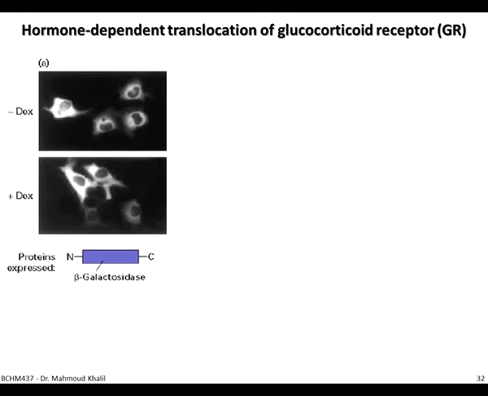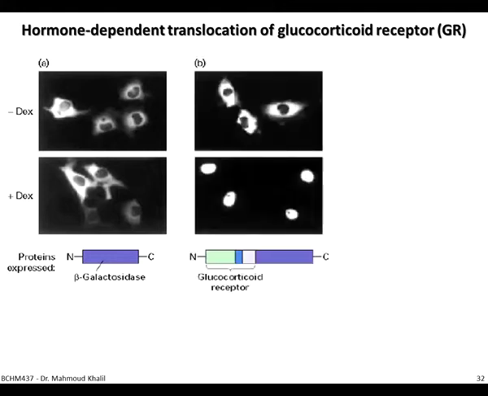Again, why do we use beta-galactosidase? Because we can see the localization of that protein through the fluorescence that it emits. So how can we use this protein to see the movement of the nuclear receptor from the cytoplasm to the nucleus? Here, we fuse or bind, by genetic engineering, this beta-galactosidase region with one of our nuclear receptors, the glucocorticoid receptor, which has the three regions we mentioned in the previous slide.